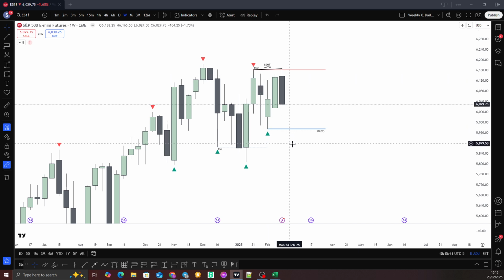Okay, so as part of my weekly outlook, my analysis, I had outlined the old low weekly here and the high time frame objective of the previous monthly high.